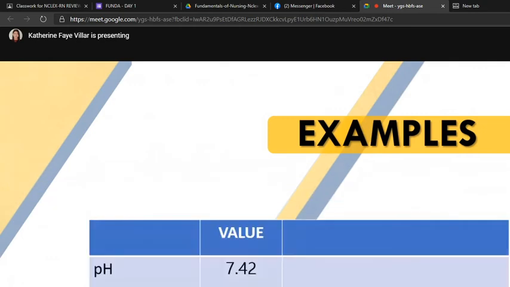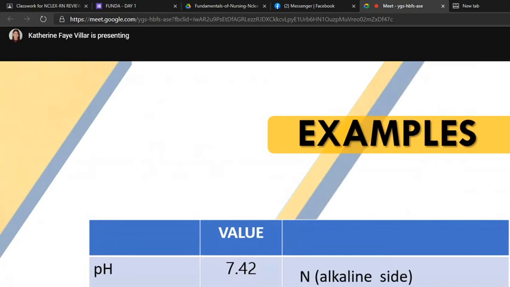Next, pH of 7.42. It's within normal pero alkaline. Yeah, it's normal but this is towards the alkaline side. Okay? PCO2 is low.